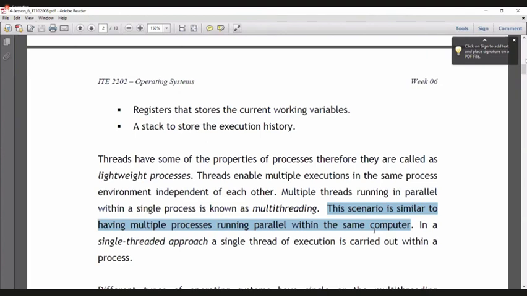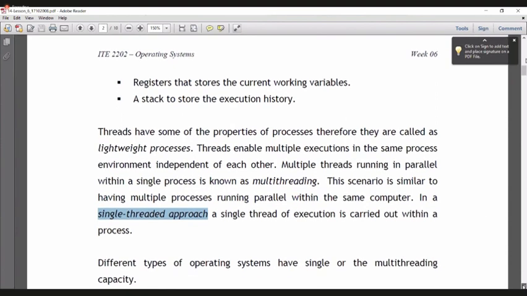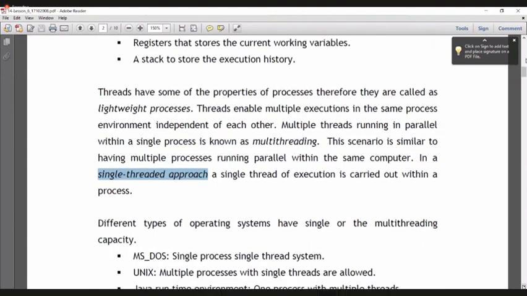If you do not have this concept, then it is called single thread. Before the multi-thread concepts, we had only the single thread approach, where a single thread of execution is carried out within a process. But now this multi-thread concept makes it more complex for the operating system design.